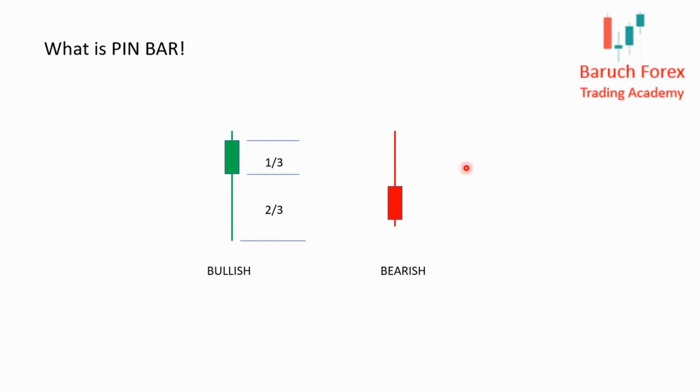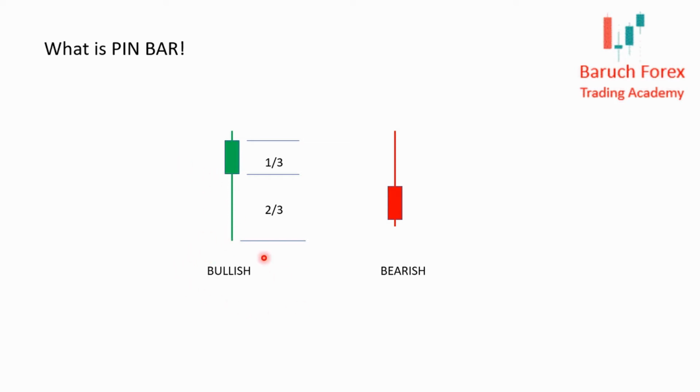What is a pin bar? Let me explain. If you study candlestick analysis, this is how the candle is drawn. This is the body, and this is called the wick.